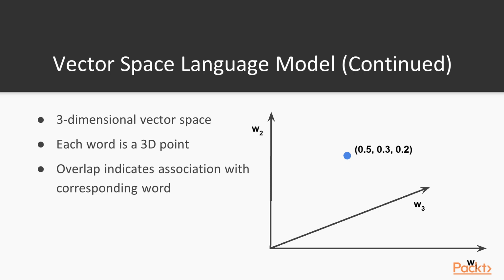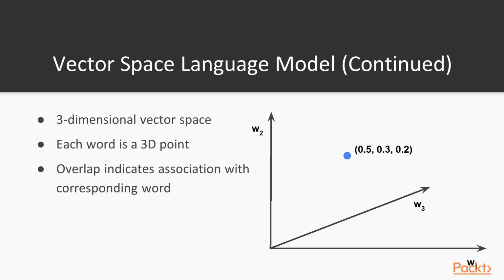You could imagine that I have a very small vocabulary of only 3 words, so each word would be a point in this 3D space. And the overlap, the actual components of this vector, would indicate the probability of association between the word represented by the blue point.